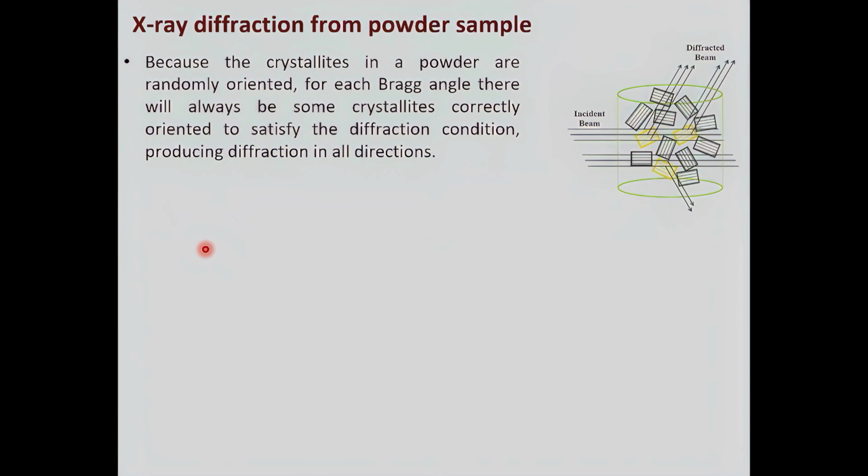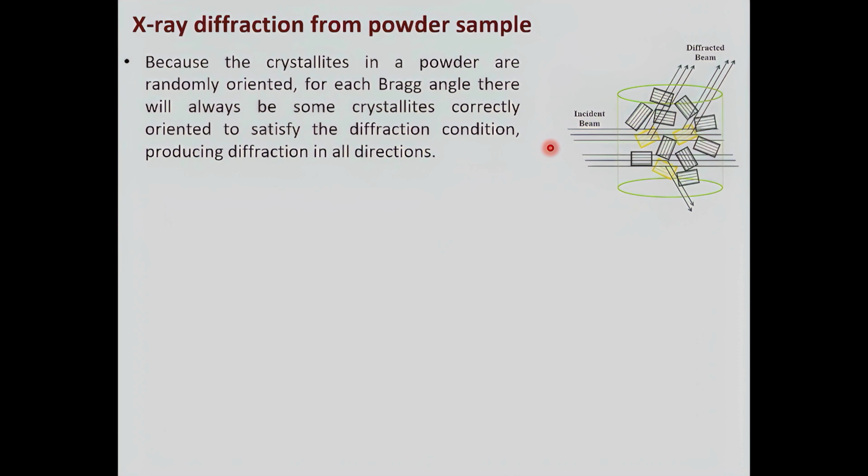In which way does the diffraction occur in the case of powders? We said that the powder is constituted by a high number of randomly oriented crystallites. You can think of each of these as a very small single crystal.